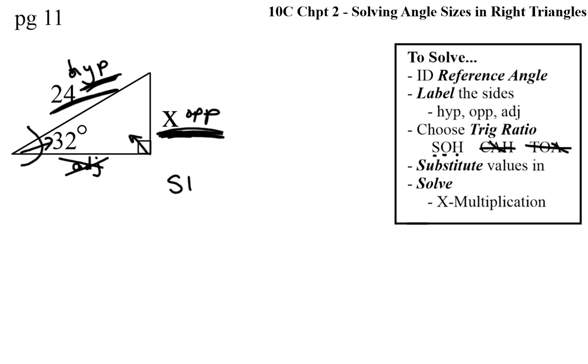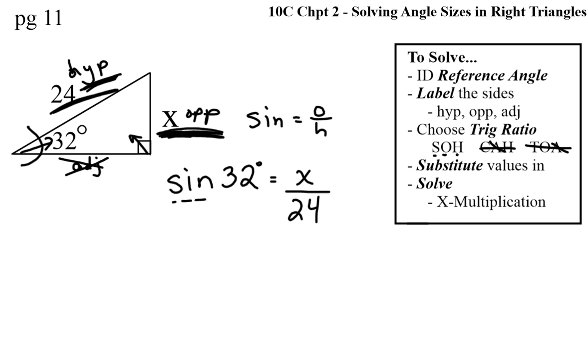This time, we're using the sine function. Sine ratio, sine of our reference angle equals opposite x over hypotenuse 24, because sine is opposite over hypotenuse. Last step, nothing changes. That's what's great about this.